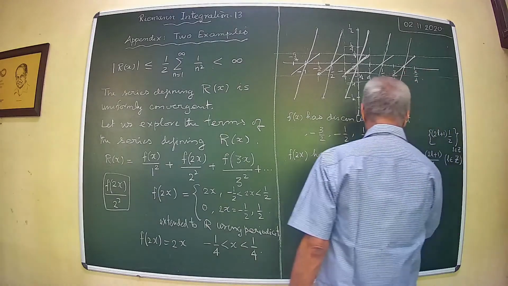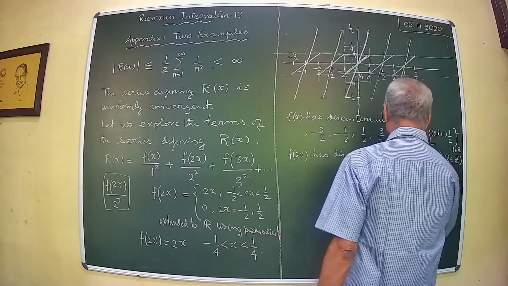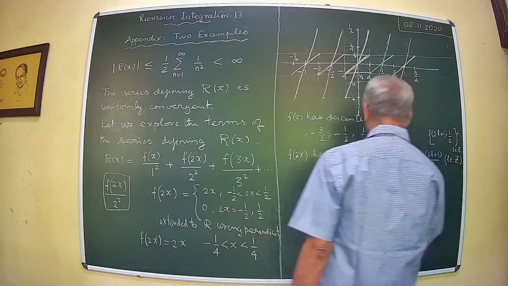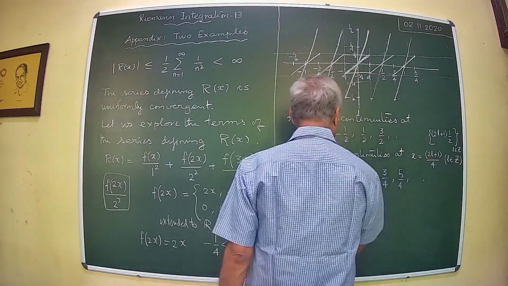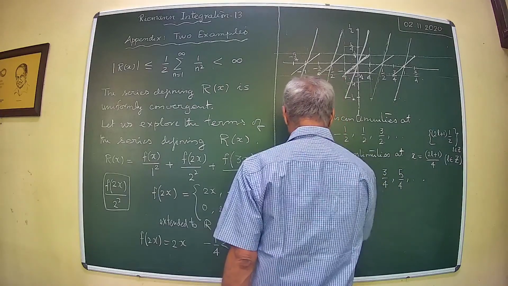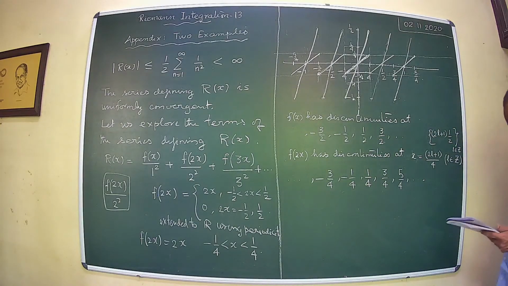Then 5 by 4, minus 1 by 4, minus 3 by 4. These are the points where there is discontinuity.